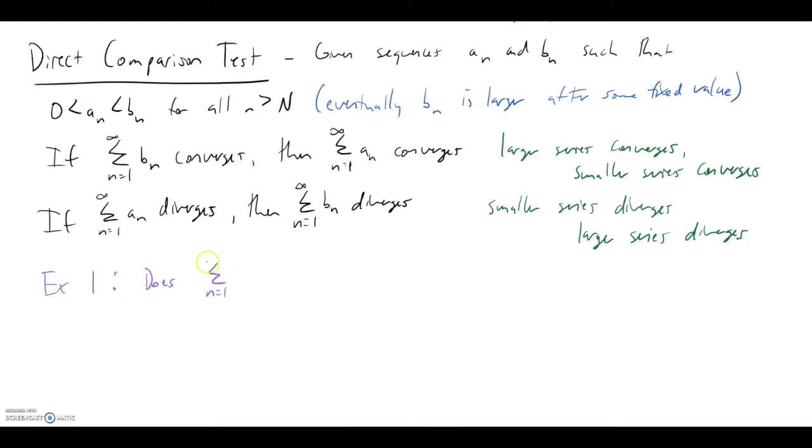And we'll start with the following example. For this example, we're trying to answer the question, does the infinite series 1 over n squared plus 2 converge or diverge? Well, this series resembles the infinite series 1 over n squared, which is a convergent p-series because p is greater than 1.